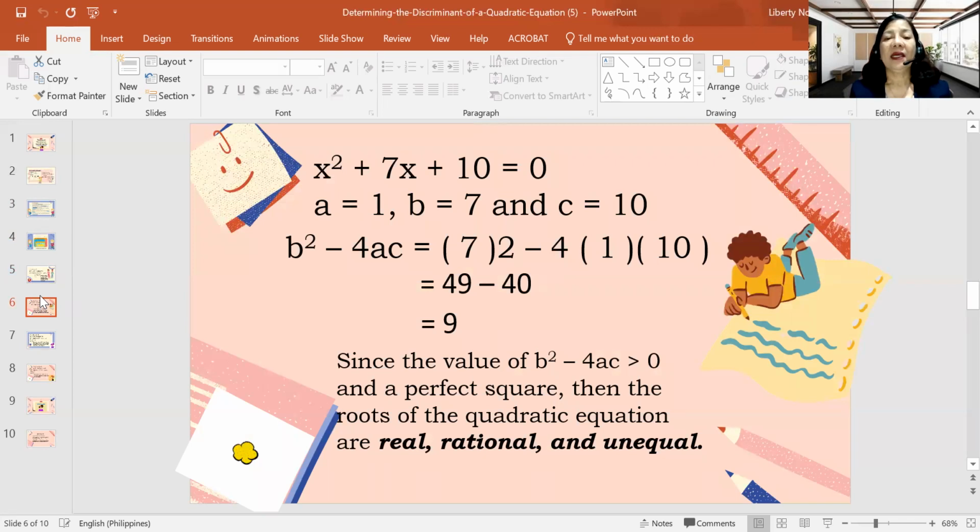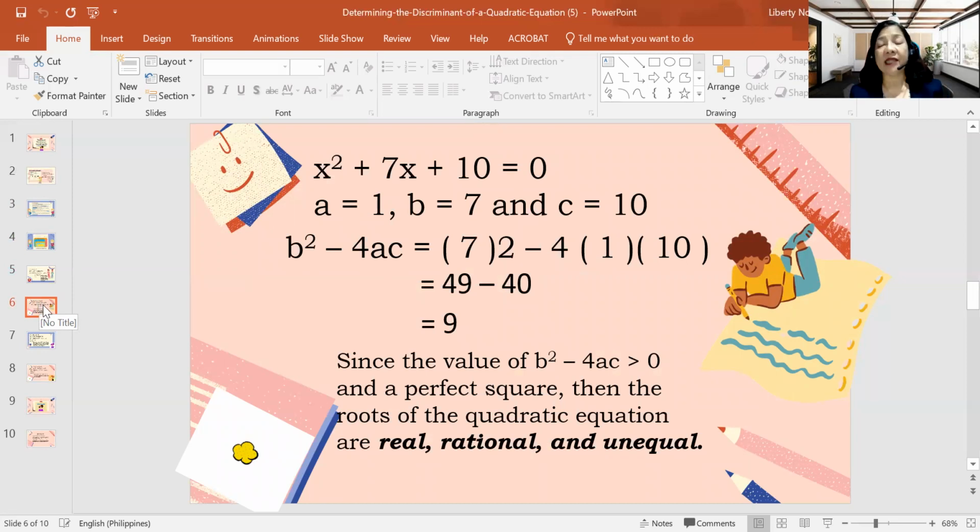Another example, x squared plus 7x plus 10 equals 0, where a is equal to 1, the numerical coefficient of x squared, b is equal to 7, the numerical coefficient of x, and c, the constant, is equal to 10. The discriminant b squared minus 4ac: substituting, we have 7 squared minus 4 times 1 times 10. 7 squared is 49, and negative 4 times 1 times 10 is negative 40.